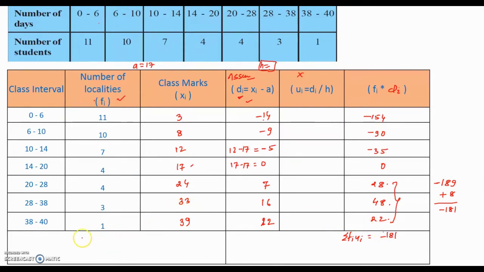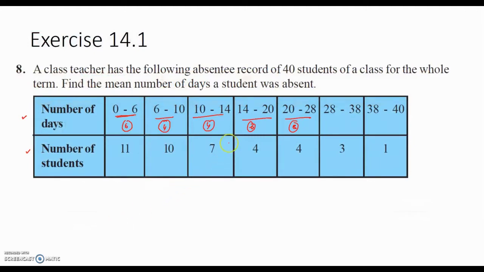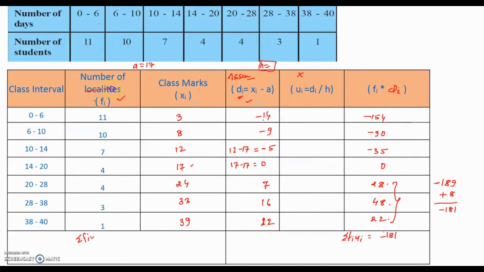Number of students, sigma fi. Let us check whether the number is given. 40 students. Sorry, this should be students here, not localities. Number of students will be 40. Let us put it in the formula. We are using the assumed mean method, so our formula will be A plus sigma fi di by sigma fi.